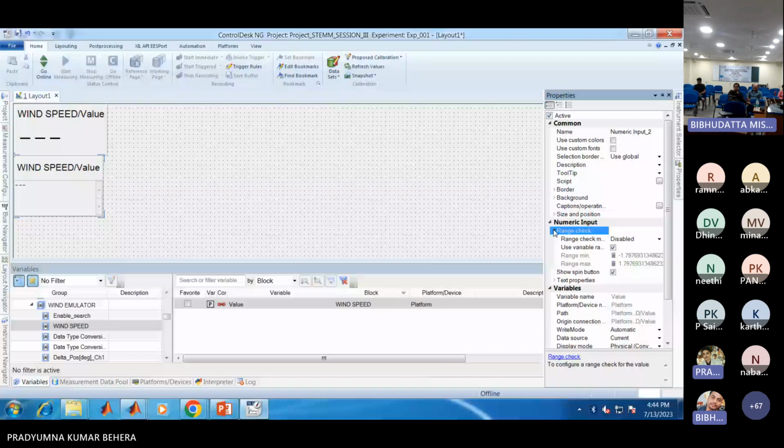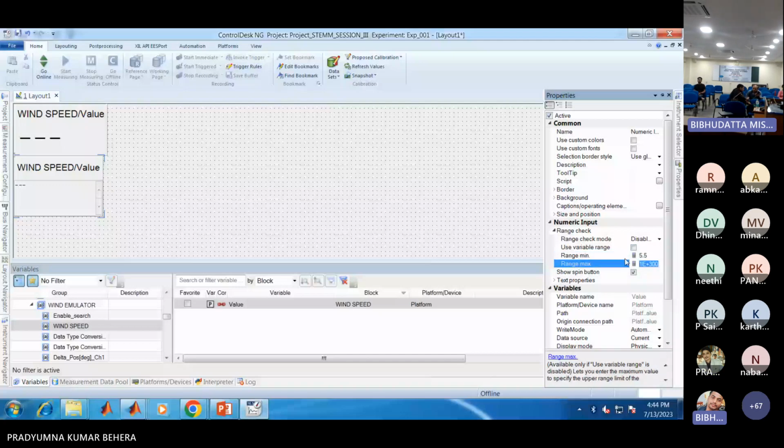Once again, you have to make sure use variable range is unchecked. Then I will set the range minimum for the wind turbine emulator. I'm keeping the range minimum wind speed as 5.5 meter per second and the range maximum as 7 meter per second. So using this one, I can vary my wind speed from 5.5 to 7 meter per second.